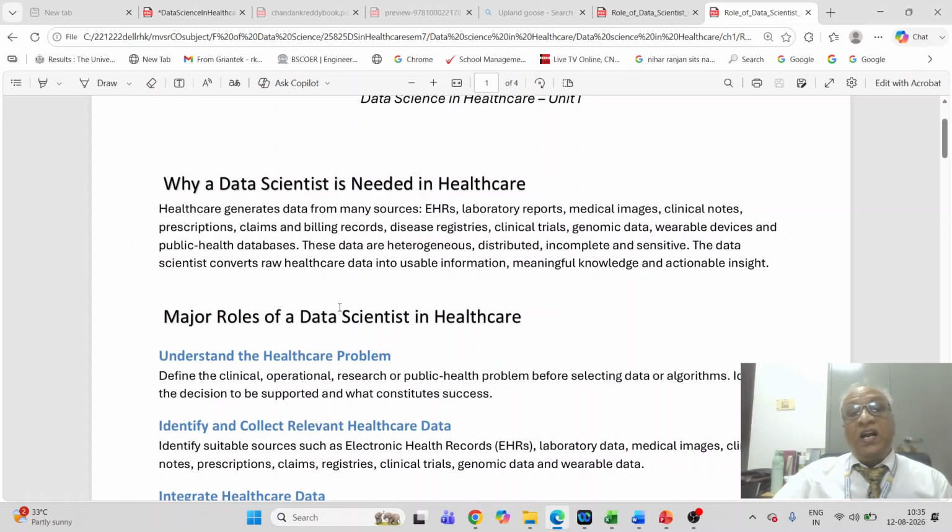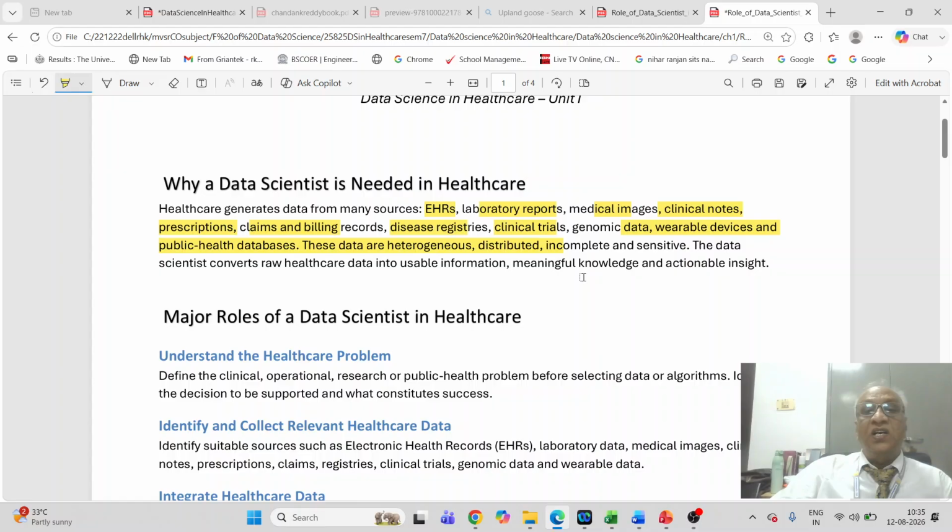Now, healthcare data will be generated from what? Healthcare data will be generated from electronic health records, laboratory reports, medical images, clinical notes, prescriptions, claims, disease registries, clinical trials, genomic data, wearable devices, public health databases.